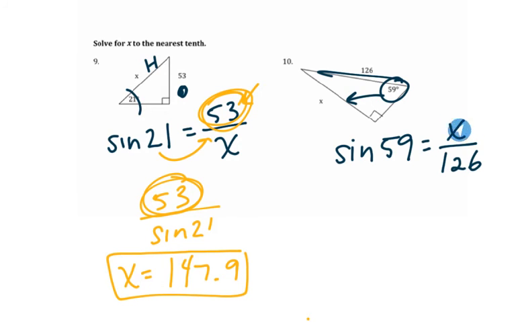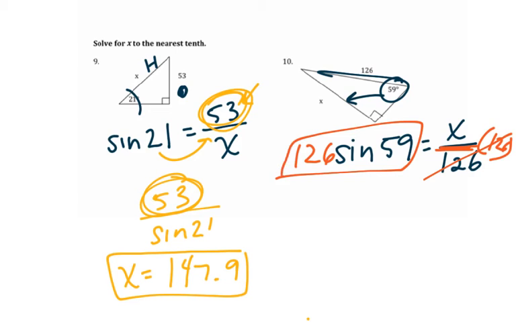The number is not on top, so it doesn't get to stay there. The number is below. This is like saying x divided by 126. To undo division, we have to multiply. So in the calculator, I'm going to type in 126 times sine 59, which leaves you with 108.